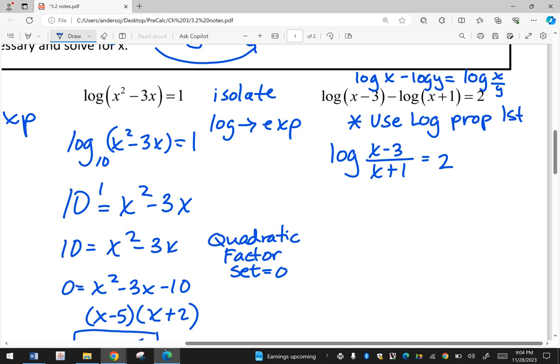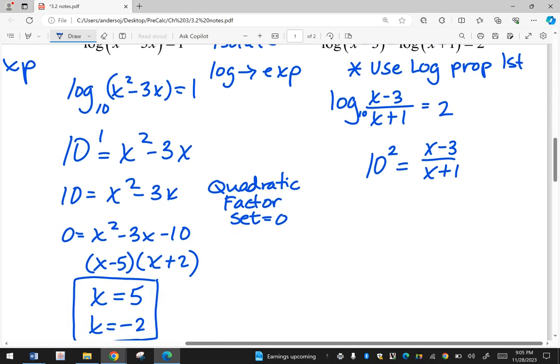Remember, this has a base of 10, so I'll add that in. I'll now convert it. The base of 10 to the power of 2. The outside comes in, and the inside goes out. And now I will solve this problem. 10 squared is 100.